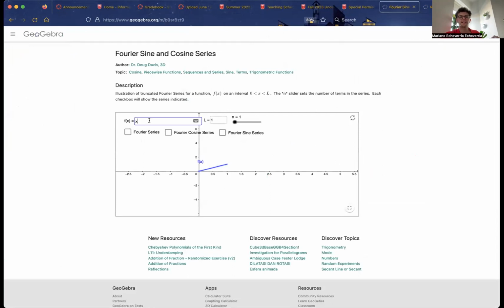In a Fourier series, you can take a function, like a function that looks like maybe something like this.